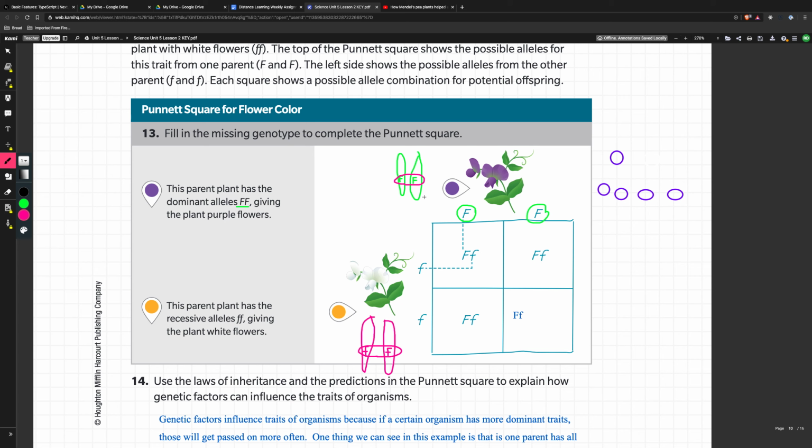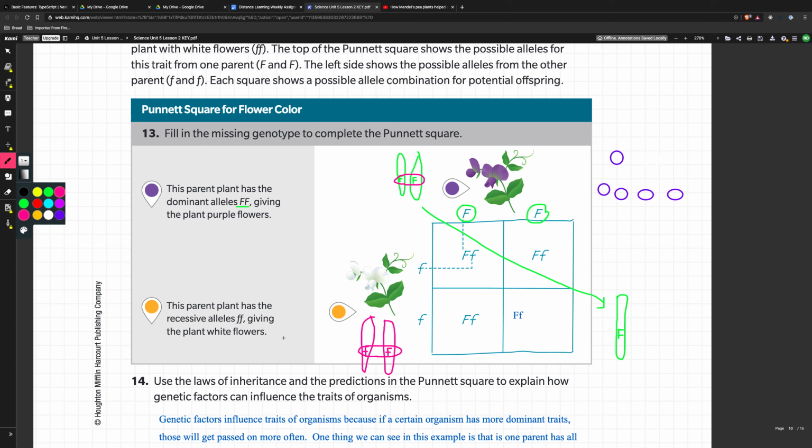So what happens is these plants have offspring, and one of these chromosomes gets passed to the offspring. I'll draw that over here. You get 1 from parent 1, and it would have an uppercase F, the dominant.